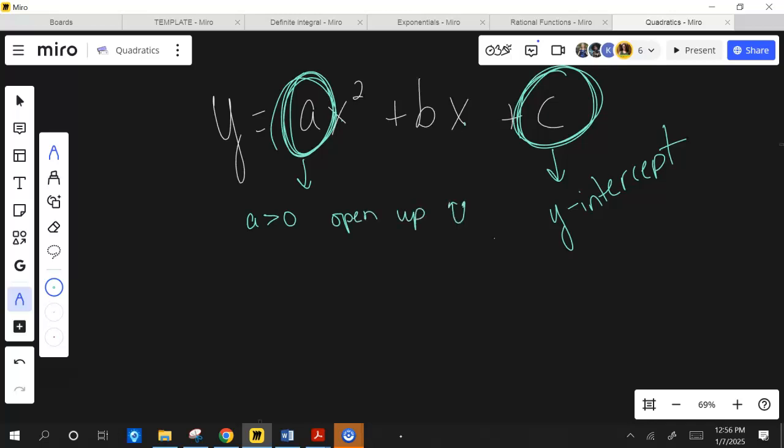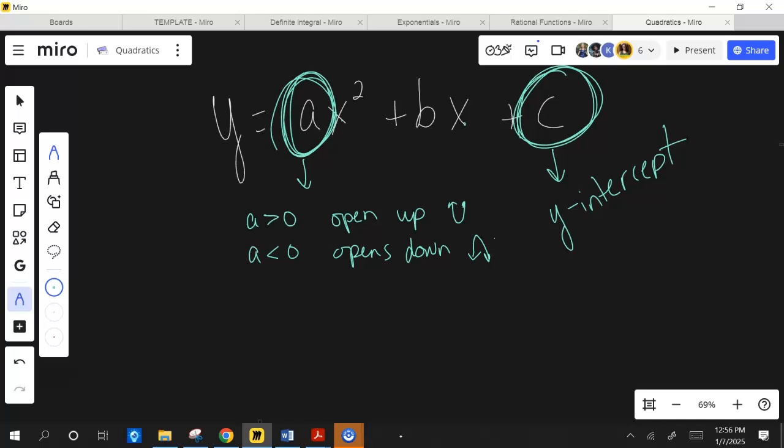It's going to be happy. He's a happy parabola. If A is negative, what do you think happens? It opens down. It's a sad parabola. So first thing is the sign. The sign tells me up or down.